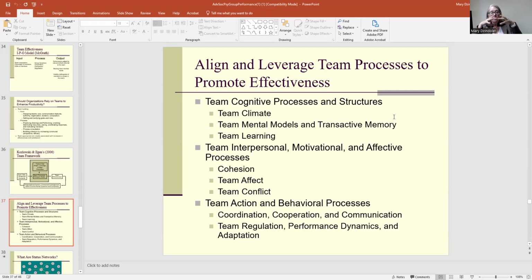How much do the members overlap in their mental model? That's really important, and the skills that they have to do. So if one person doesn't show up one day, can other people zoom in and do it or not? How did the team learn together, not as an individual, but how did they learn together to do the task effectively? Those are some of the cognitive processes and structures that are there.